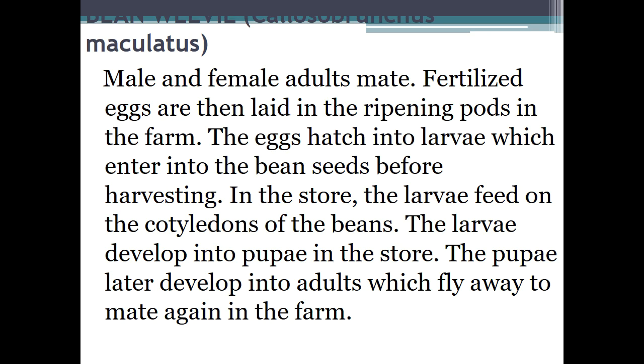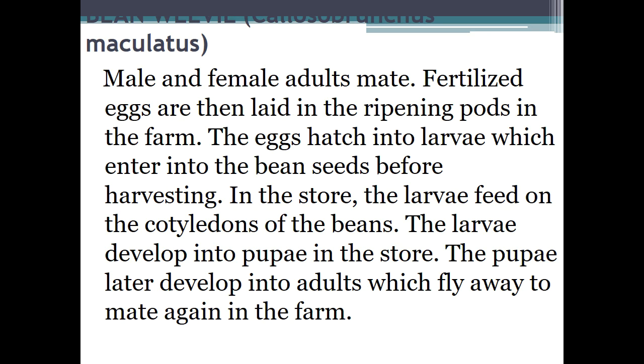So from this, we find out that the bean weevil has 4 stages of development, from the egg to the larvae to the pupae and then the adult. The eggs are fertilized and laid in the pods in the field. These eggs hatch into larvae, and then the larvae enter the seeds. It is this larvae that feeds on the cotyledons and then metamorphoses into a pupae when the crop is harvested in the store.